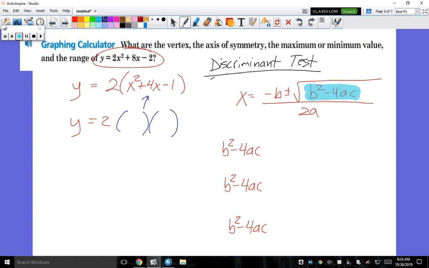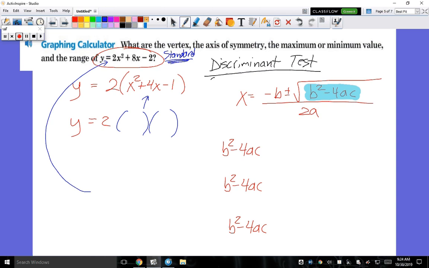First of all, let's look at our original equation. Our original equation is where we need to get this from. So this is from standard form. You cannot do it in factored form, and you cannot use the discriminant test in vertex form. But you can do it from standard form.